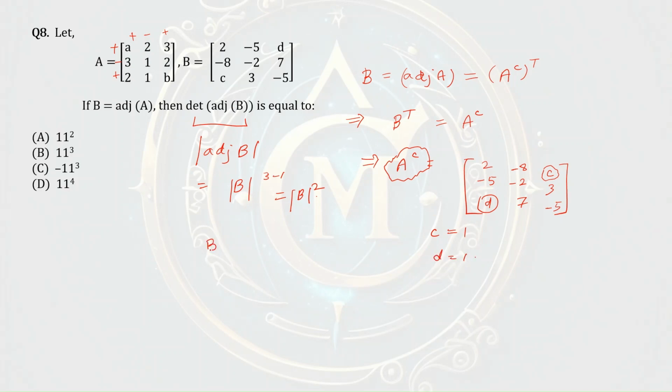So the B transpose that is known to us now is 2 minus 8 1 minus 5 minus 2 3, then 1 7 minus 5. Now if we take determinant both sides, determinant of B will be same as determinant of B transpose, that will be equal to determinant of this.